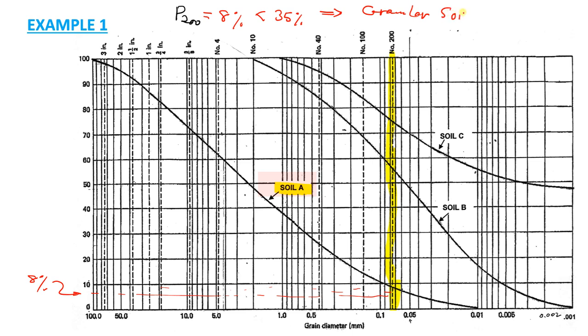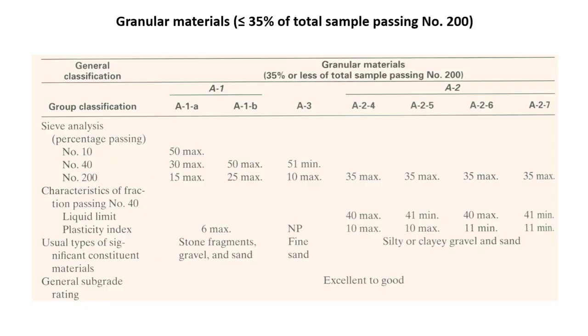So it will have the group either A1, A2 or A3. So straight away let's go to the table of granular materials where passing number 200 is less than 35. We need three or four things: passing number 10 sieve, passing number 40 sieve, passing number 200 sieve, and we might need liquid limit and plasticity index.